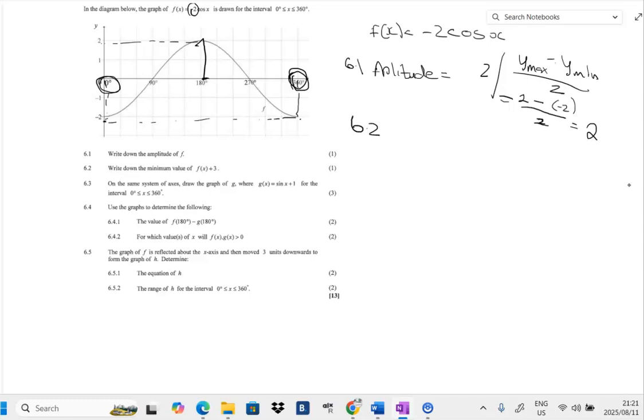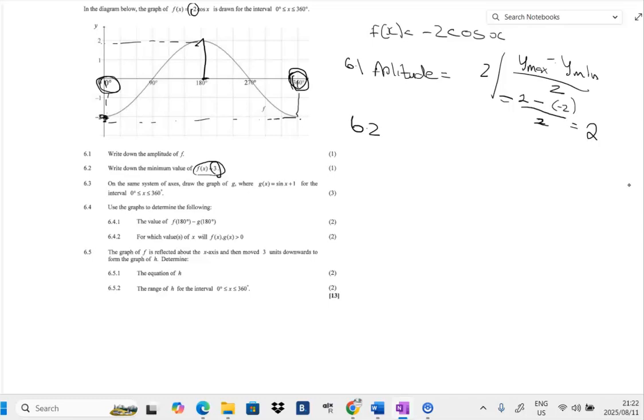6.2. Write down the minimum value of f of x plus 3. So there is a vertical shift here. If this graph is shifted 3 units up, we're going to shift this minimum value 3 units up.